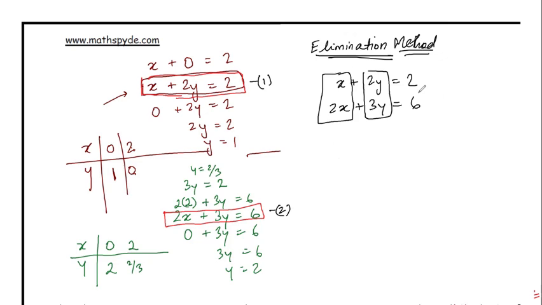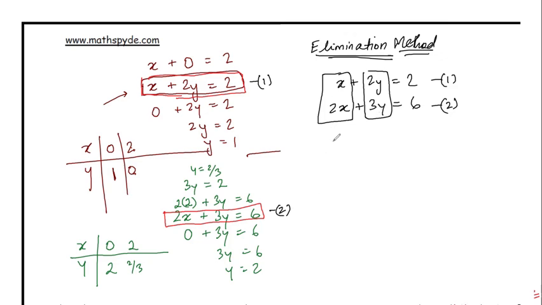For example, in the first equation, x is x. In the second equation, x is 2x, right? So I'll try and make the x part in the first equation 2, so I can eliminate it. I can do the cancellation part.